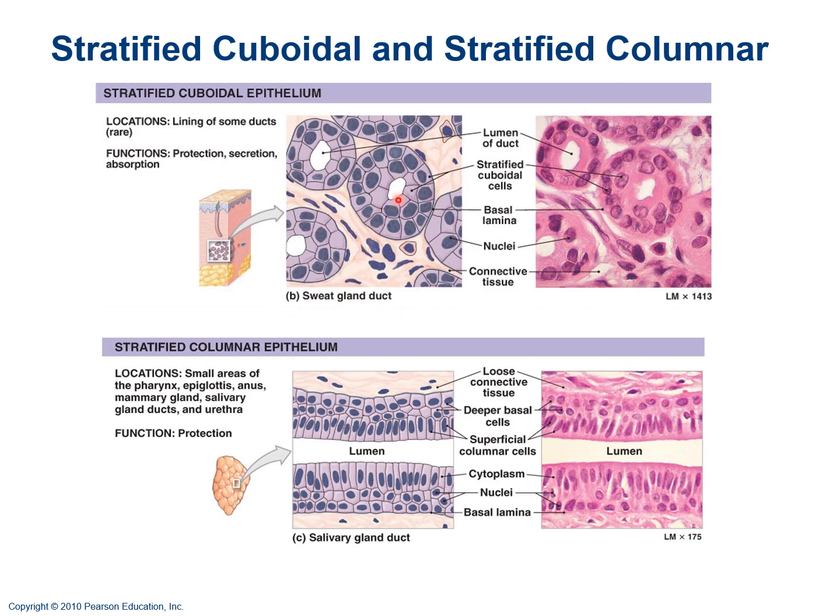Functions, since it's stratified, protection, but also some secretion as well, because these are sweat glands. Stratified columnar epithelia we see over here in these pictures. They are rare as well. Function would be protection, and location, salivary glands would be a good one to remember.